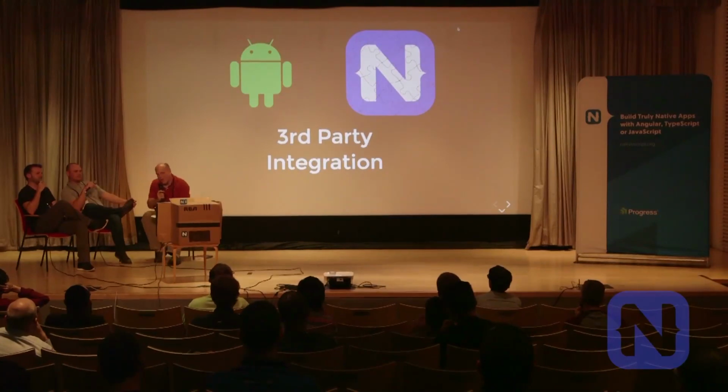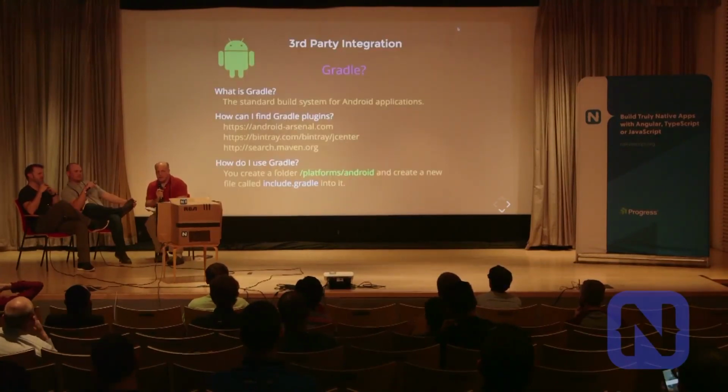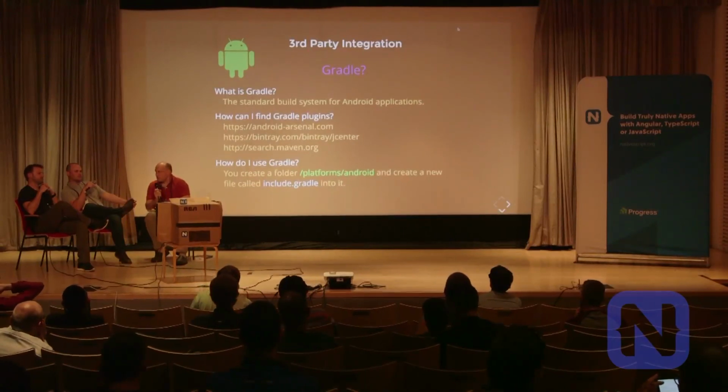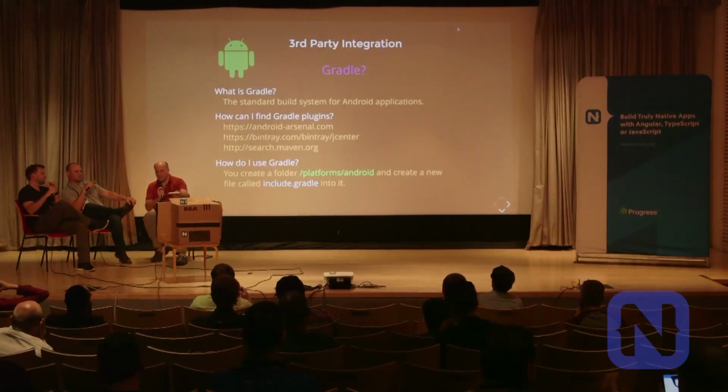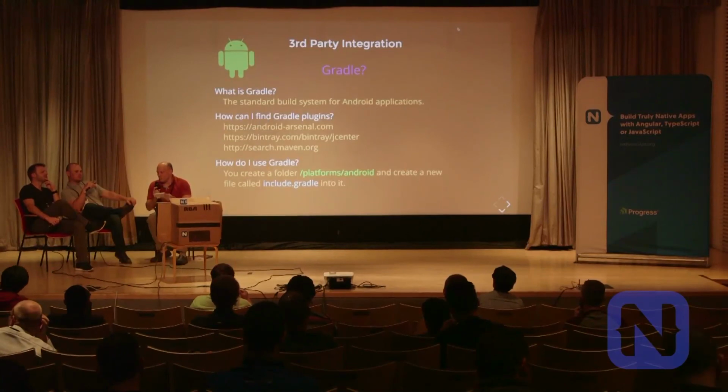Okay, on Android integration, there is the Gradle file. When you are introducing third-party plugins for Android, because we've really covered CocoaPods and whatever, but on Android there's Gradle files. There are 3 primary places you can find plugins, like CocoaPods. It's really nice that CocoaPods is one.